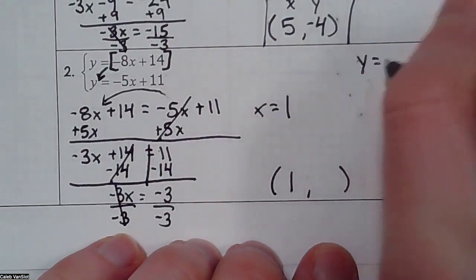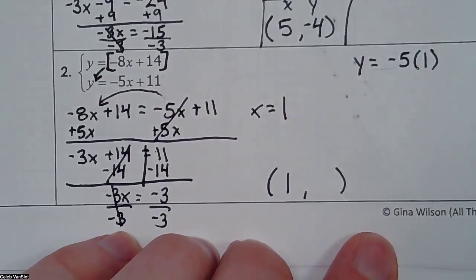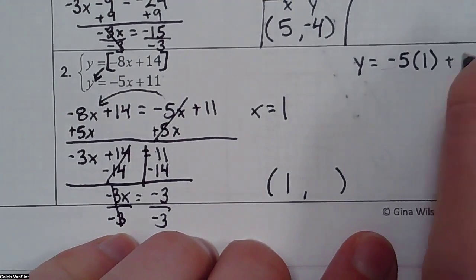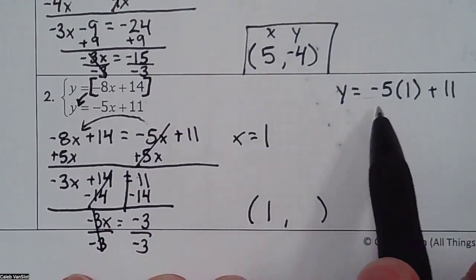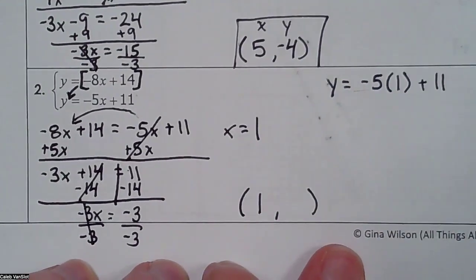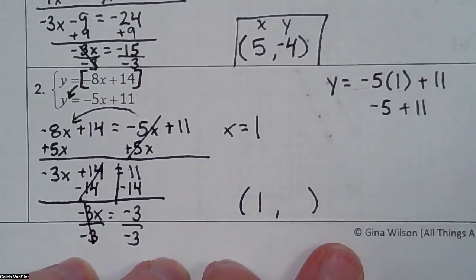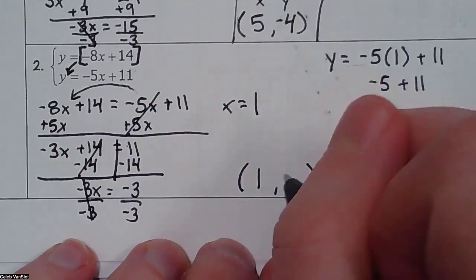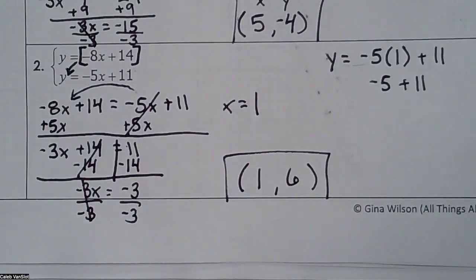So y equals -5 times x, which we just found was 1, plus 11. Okay, so I'm using this bottom equation this time to find my y value. What's -5 times 1? Negative 5, yep. And then when I add 11, what do I get? +6, right? So that's my y value. It's +6.